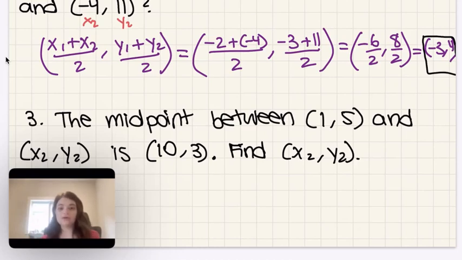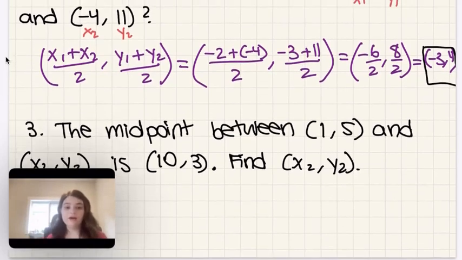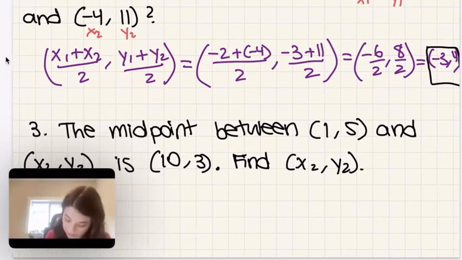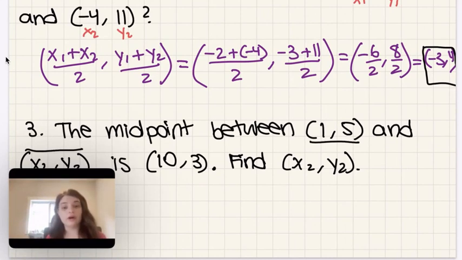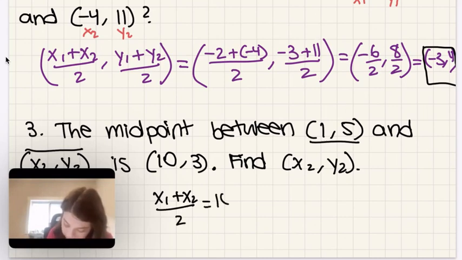For this one, we know that the x coordinate of the midpoint is going to be 10 because they told us. They told us that the midpoint between these 2 points, the one that we don't know and the one that we do know, is 10, 3. So that means x1 plus x2 divided by 2 is equal to 10, because the average of those two must be 10.